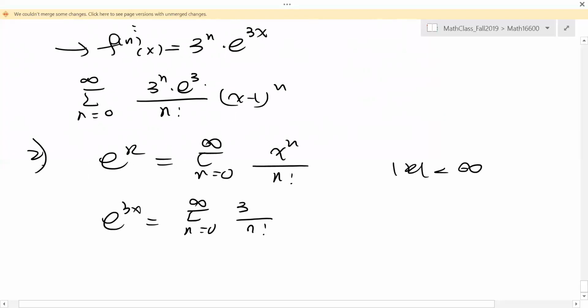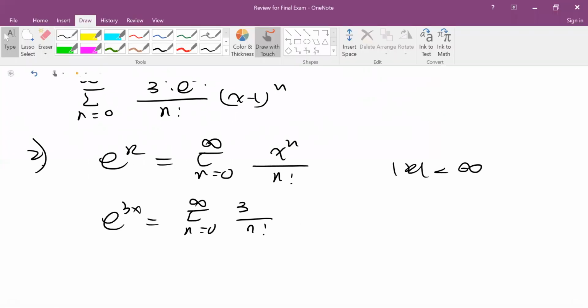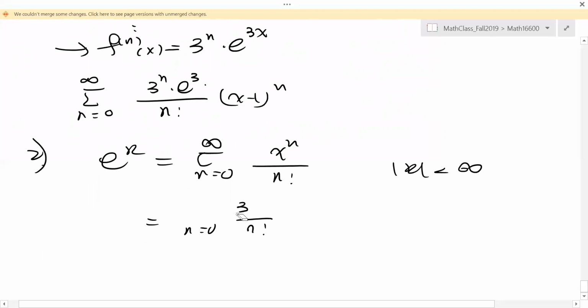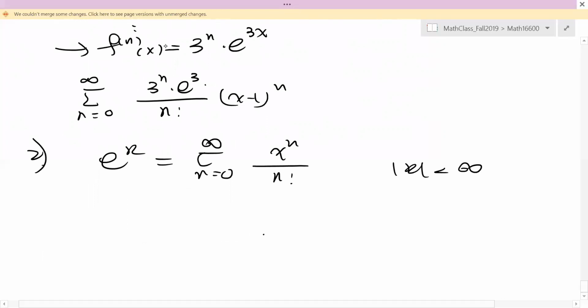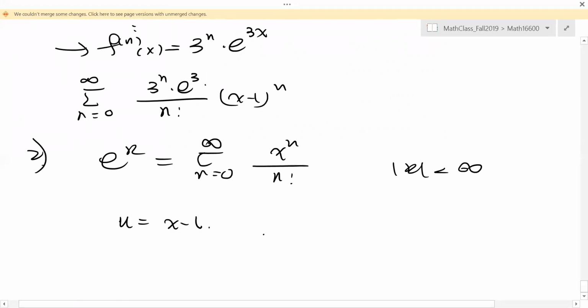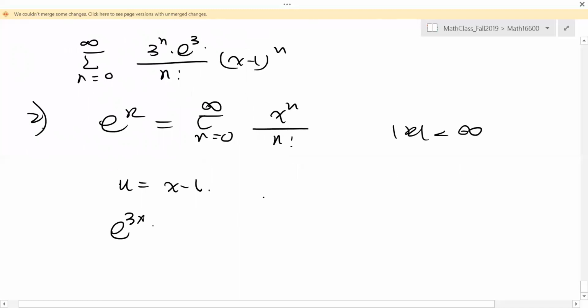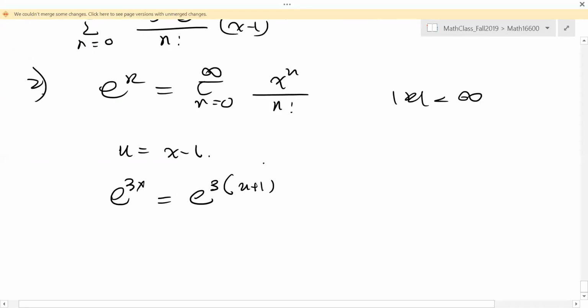I'm not going to use that, I need a, because this is a Maclaurin series at 0 and I want to find it in powers of x minus 1. You have to let u be x minus 1. So e to the 3x is e to the 3 times u plus 1, and then we get e cubed times e to the 3u.